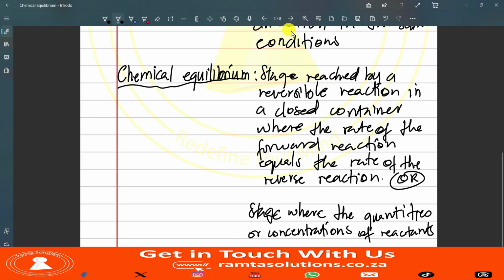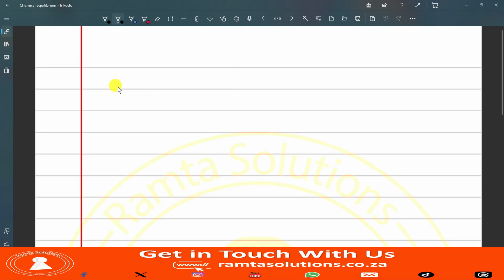Oh, we have come to the bottom of our page. So this is the second definition of chemical equilibrium. I believe this second definition tells you about the opening example we had. It explains it, isn't it?